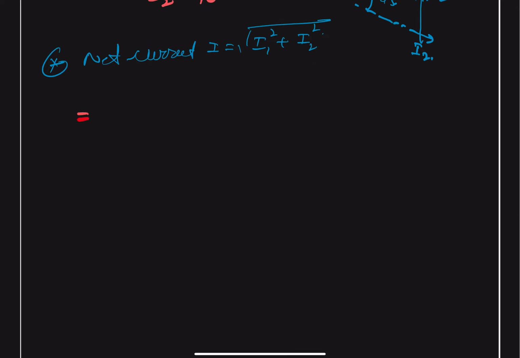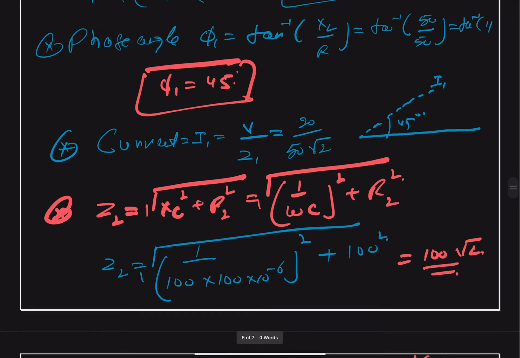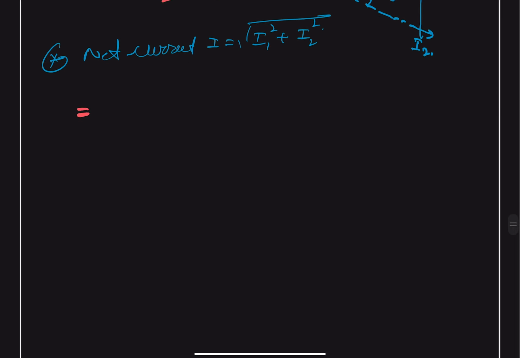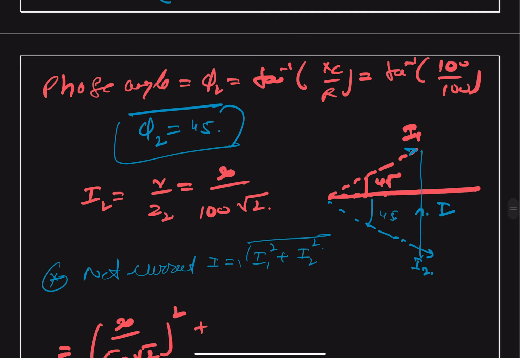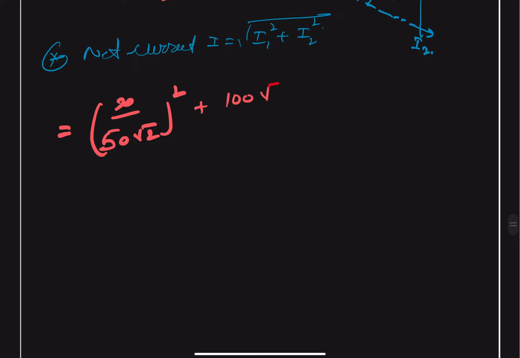We substitute the value. I1 was 20 upon 50 square root of 2, whole square. And I2 was 20 upon 100 square root of 2, whole square, and square root of this.